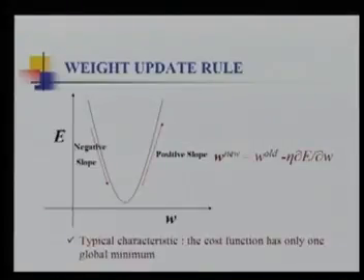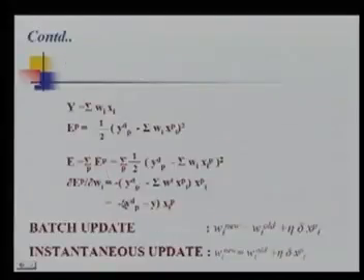I explained to you how, using this gradient descent rule, wherever you may be in your weight space, you will always go to the global minimum, and we derived the learning rule, that is for batch update: w_i new equal to w_i old plus eta delta, delta is y_d^p minus y^p, and this is input x_i^p.